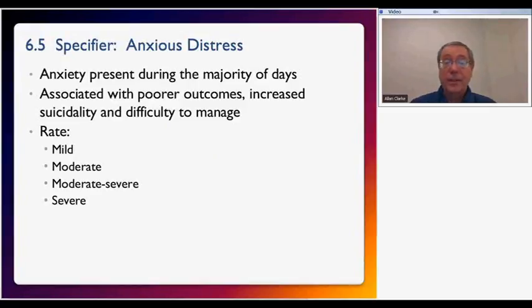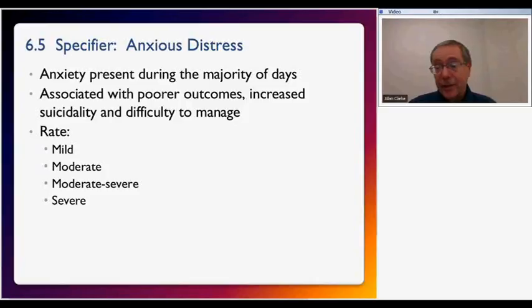Another feature that they've added in is a specifier for anxiety. In the DSM-4, anxiety was separate from depression. But as you know, you very often see individuals who are depressed, but who also have a lot of anxiety. And the research has indicated that this is predictive of poorer outcome and higher suicidal risk.